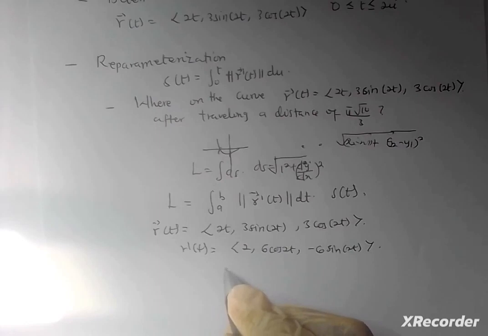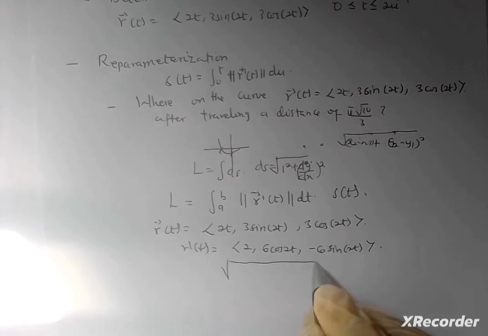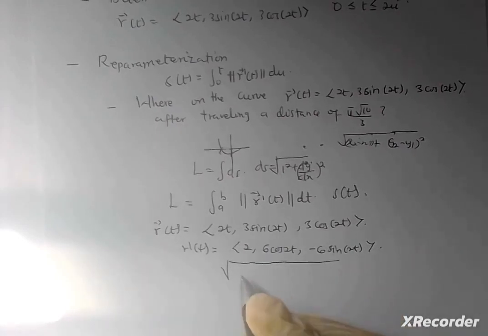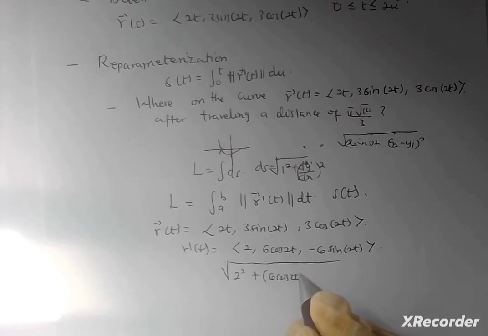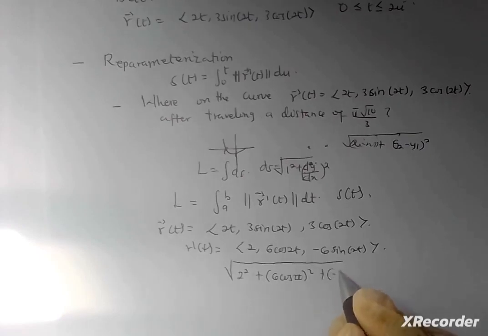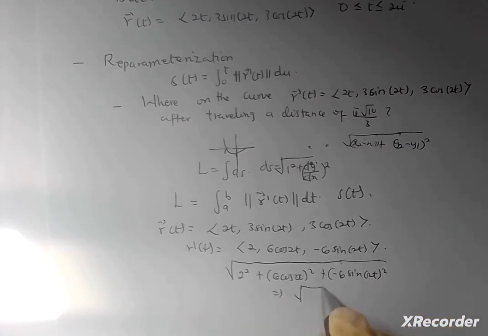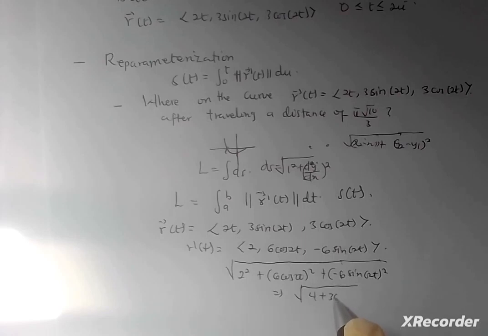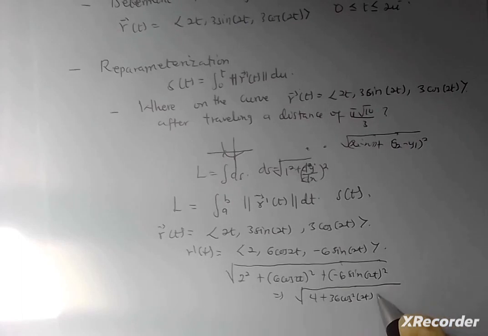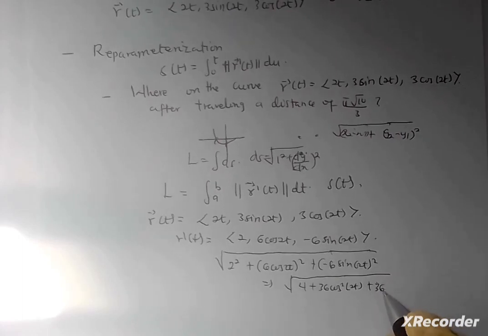So the length of this is simply the square root of the square of each component of my vector function. So 2 squared plus open bracket 6 cos 2t all squared plus open bracket negative 6 sine 2t all squared. And what is this giving me? I'm going to get 4 plus 36 cos squared 2t plus another 36 sine squared 2t.